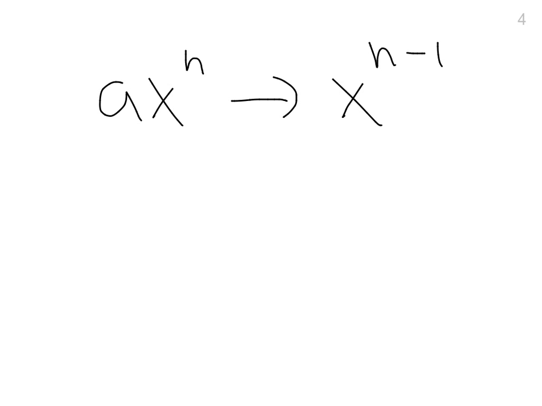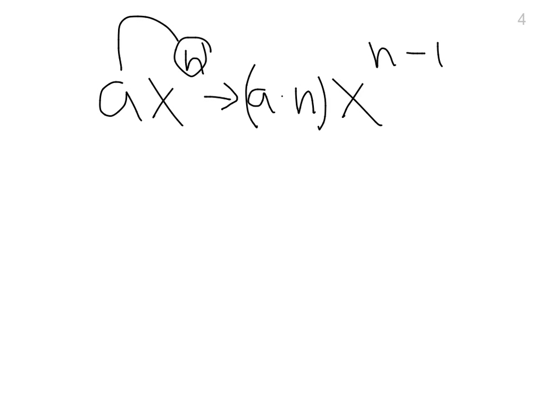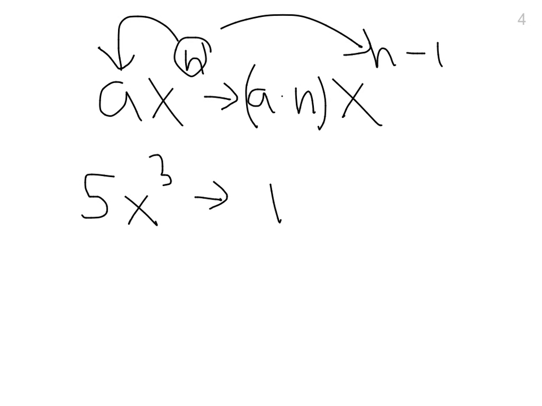Say that's a 5, you would have a times n times x to the n minus 1. So you dropped that n down, multiplied it by a, and subtracted 1, and it went to n minus 1. So 5x cubed, the derivative of that would be 15x squared.